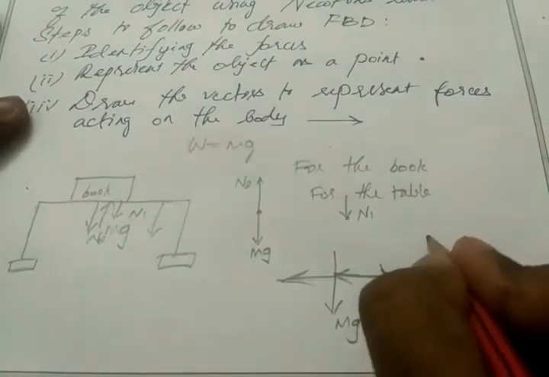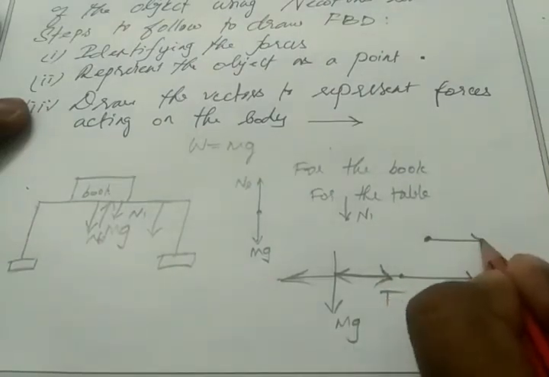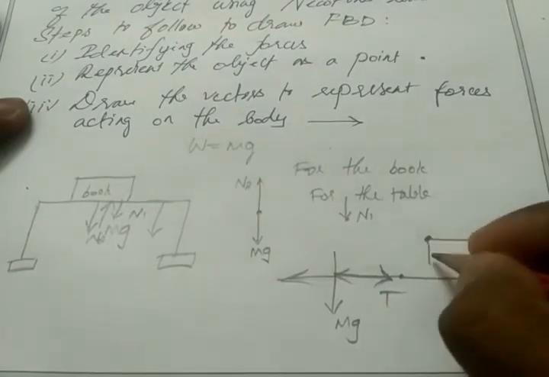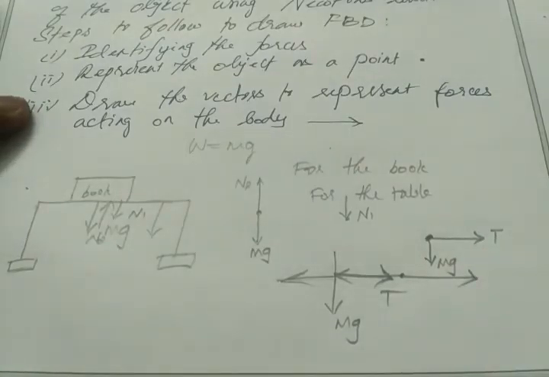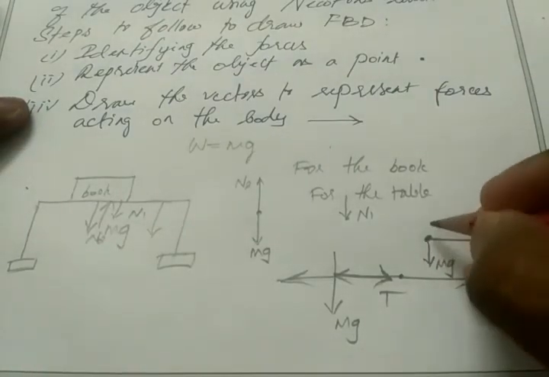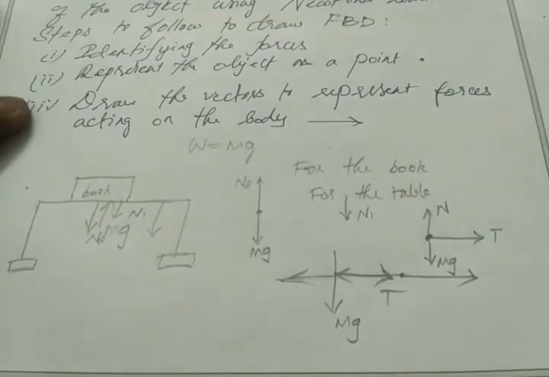If we draw the free body diagram, this is the person, this is tension force, this is weight. Obviously the floor applies some normal force on the person like this.